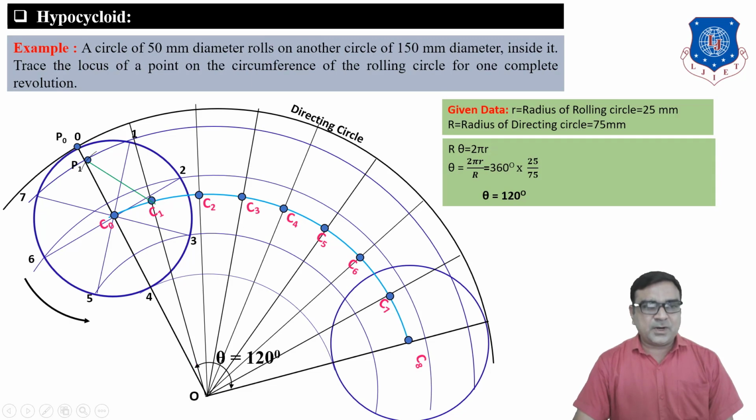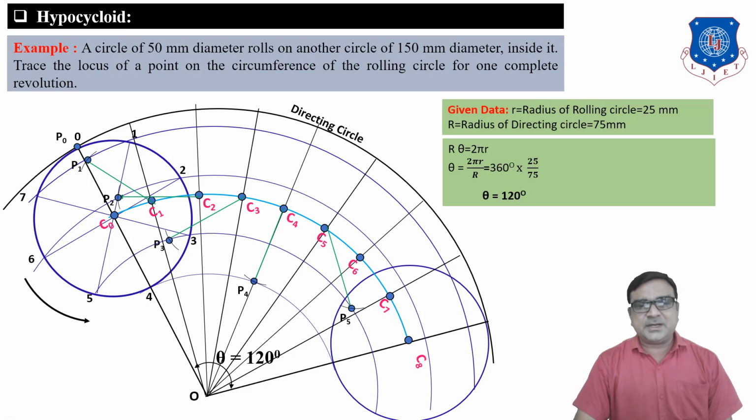Now if you rotate 45 degree again, then C2 center, 25 radius, draw arc on arc number 2, which obtains P2 point. Similarly for C3 center arc on 3, P3, C4 center P4, C5 center P5.